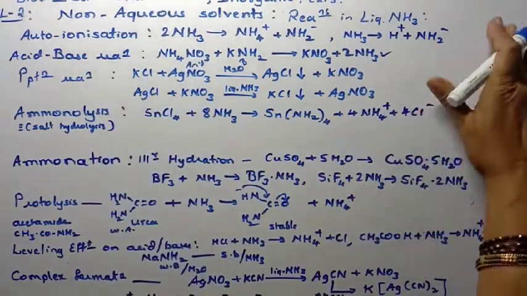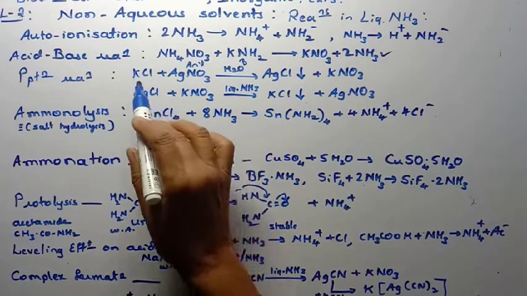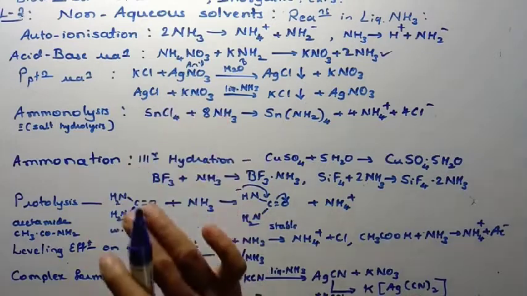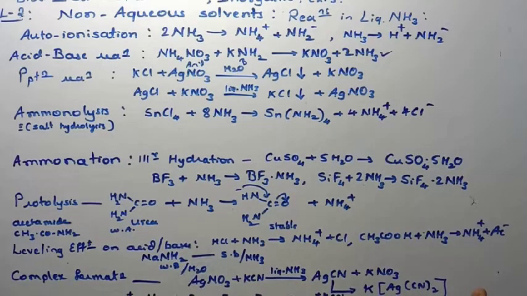The precipitation reaction is important here because the solubility of compounds is different in different solvents. The compounds which are soluble in water may not be soluble in liquid ammonia.